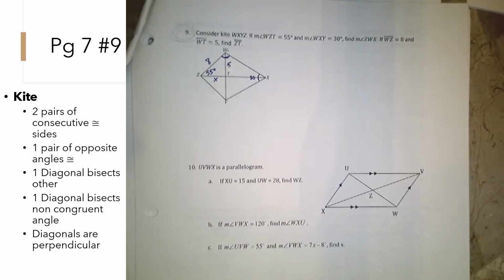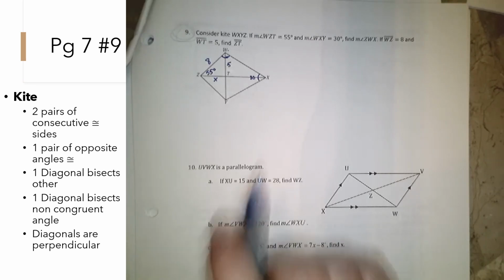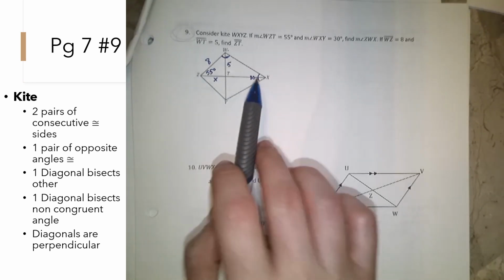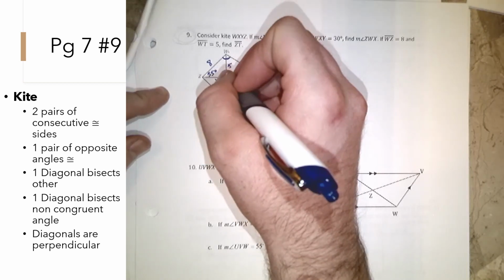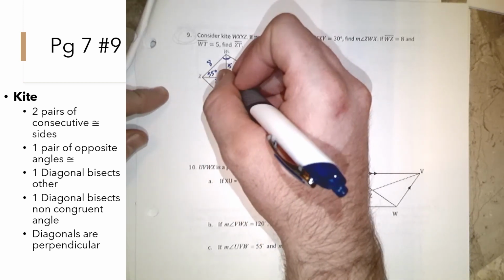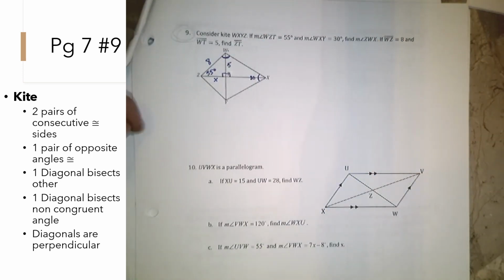So something to keep in mind when you're dealing with this is the diagonals are going to be perpendicular. So all these angles are 90-degree angles. Another thing to know is that one of the diagonals bisects the non-congruent angles.